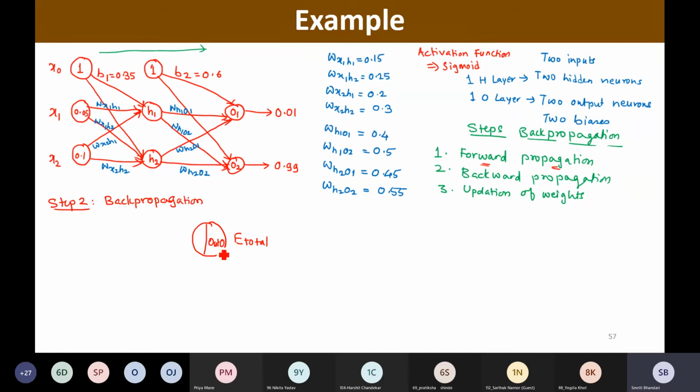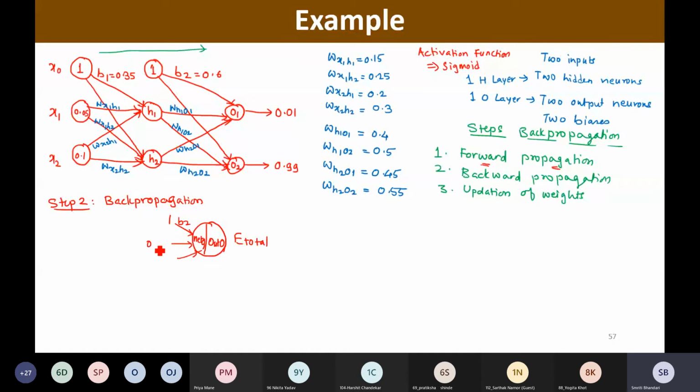So here we are having output of O1, right? Here we are having input of O1, okay? And what we have here is B2.